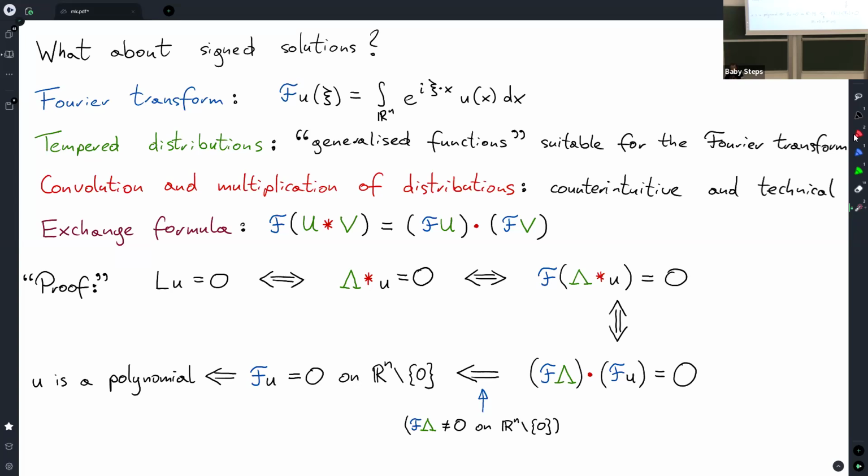Thank you. Maybe just one more question, but I'm afraid this question will be a little bit technical. If I have an operator, and I take some fractional power of it, and I take some function which is compactly supported and smooth, and I apply this fractional Laplacian, what happens with the support of this function?